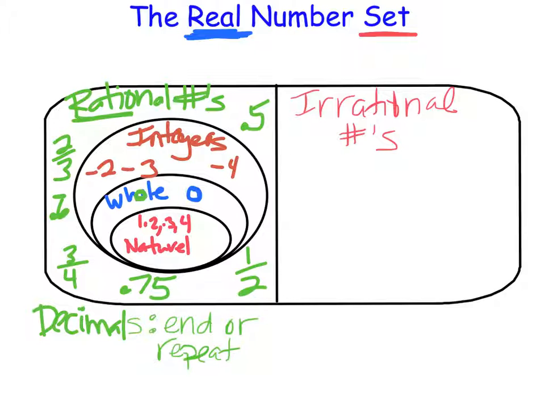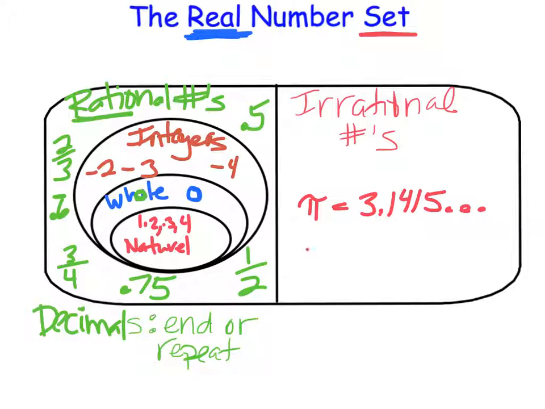So irrational means not rational, or cannot be written as a fraction of two numbers. An example of an irrational number would be the number pi. Now there's the symbol for pi, but we know that it represents that decimal that never ends and doesn't repeat. And so pi is considered an irrational number.